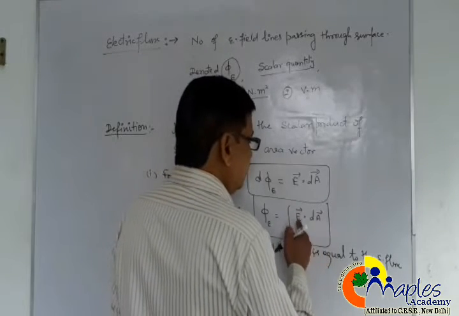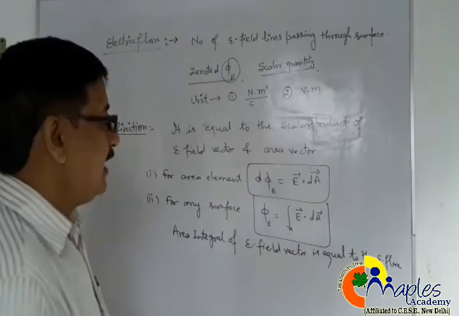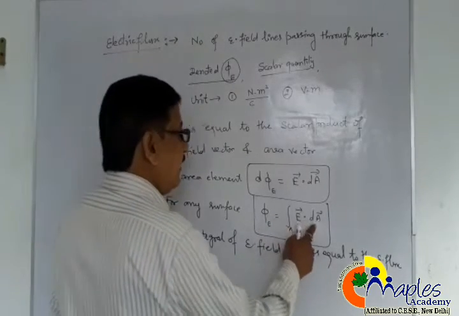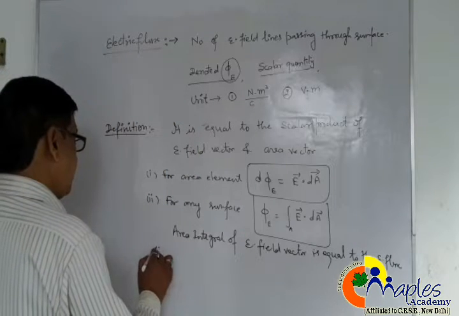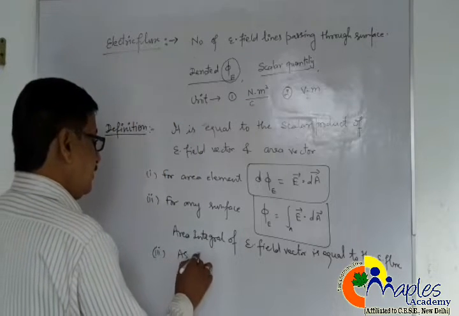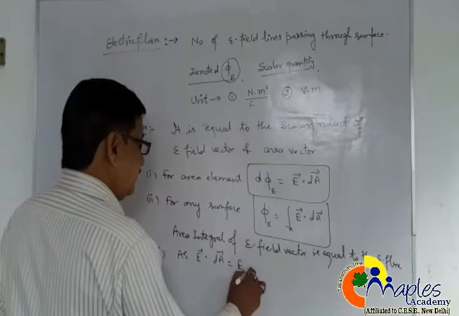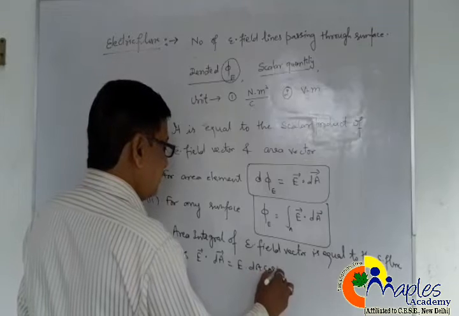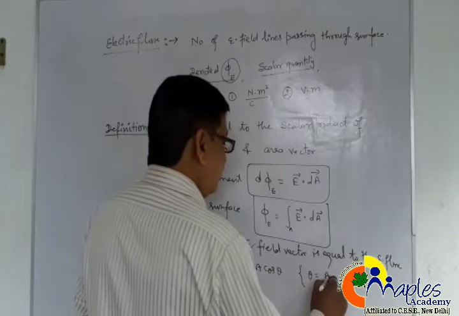It may be written as E dA cos theta. What is theta here? Theta is the angle between E vector and dA vector, as E dot dA equals E dA cos theta.